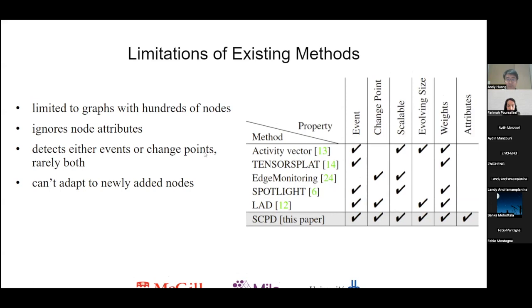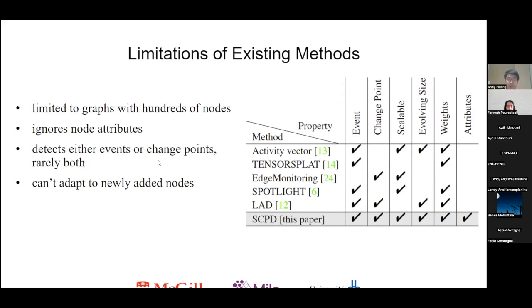And we see that there's a bunch of limitations in the existing literature. For example, many of the methods are limited to temporal graphs with only hundreds of nodes. All the methods ignore node attributes, so they only focus on the graph structure and do not look into the node features. Some methods only detect either events or change points.